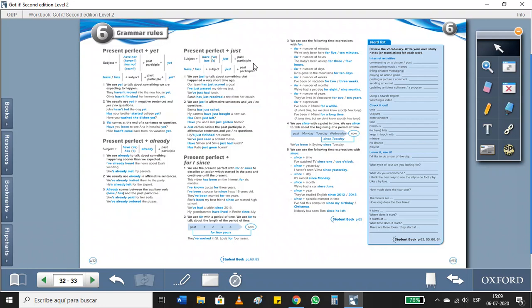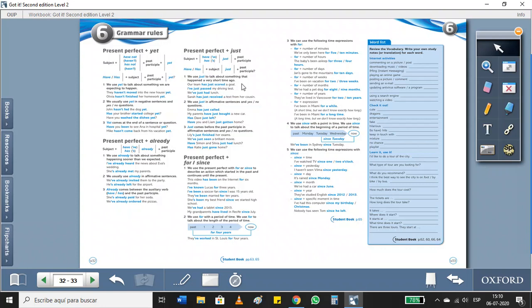Okay? And with questions, we're gonna start with have or has, subject, just, and past participle. Okay? So I'm gonna read this information here. We use just to talk about something that happened a very short time ago. Guys, remember, in Spanish, just means recién.